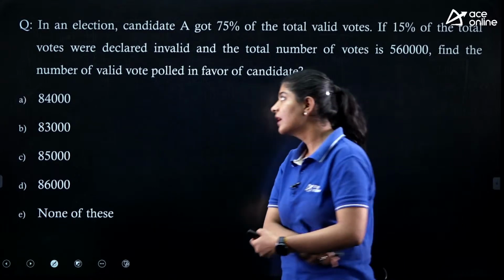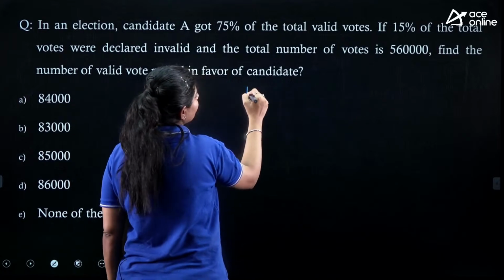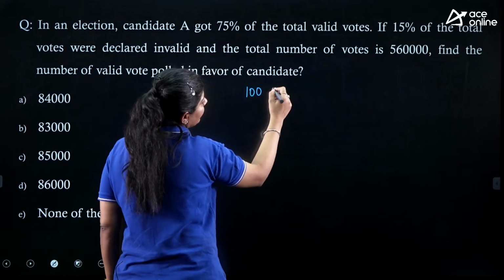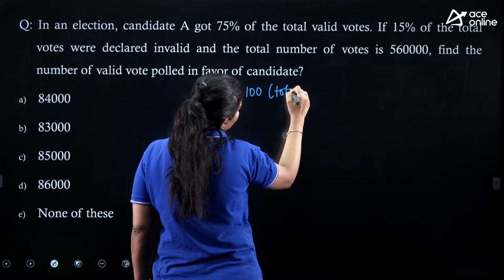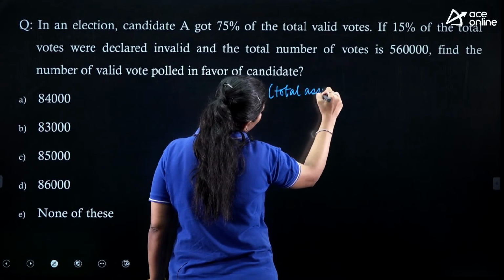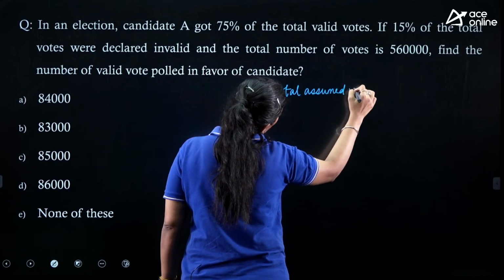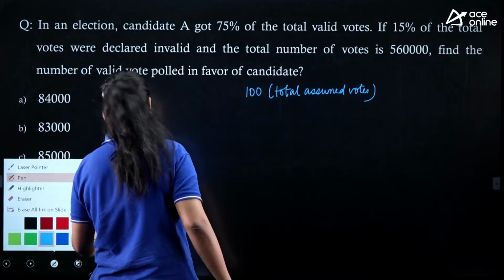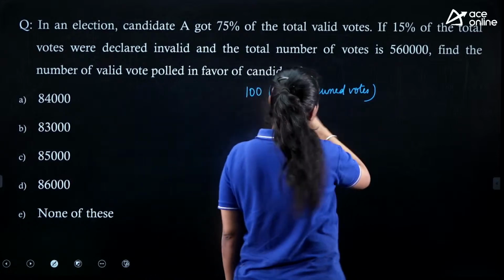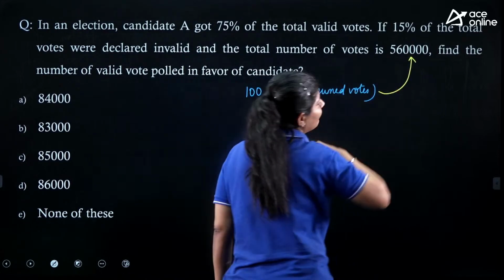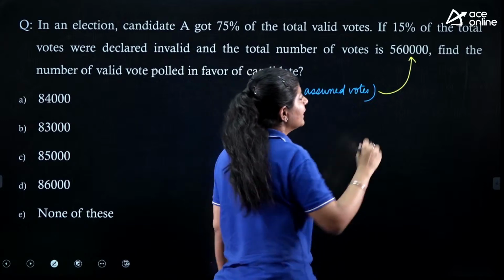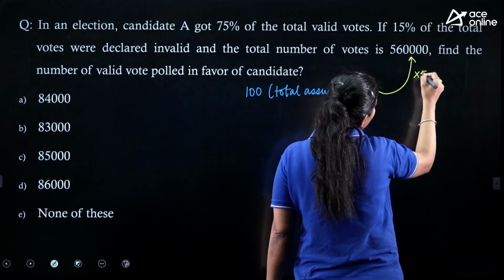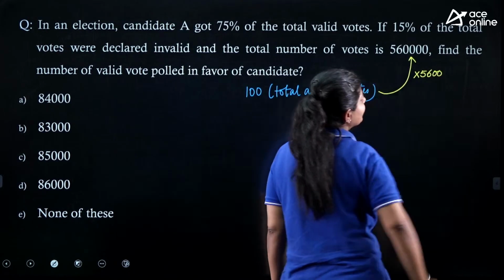Okay, let's see. I'm just assuming that we are having total 100 votes. Total assumed votes, right? But according to the question, the value of this 100 is nothing but equal to 5,60,000. That means it is present on the multiple of 5,600.